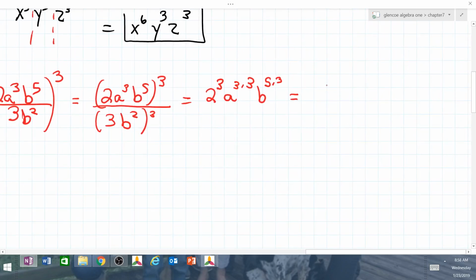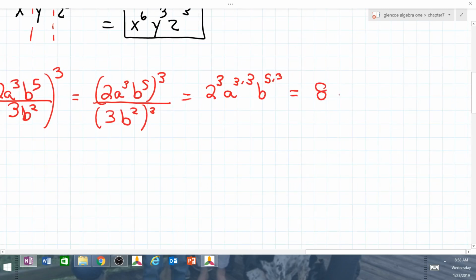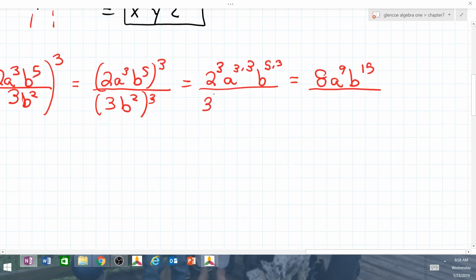Okay, so this becomes 8a to the 9th, b to the 15th. Now let's take care of the denominator. That becomes 3 cubed, b to the 2 times 3, which would become 9b to the 6th power.